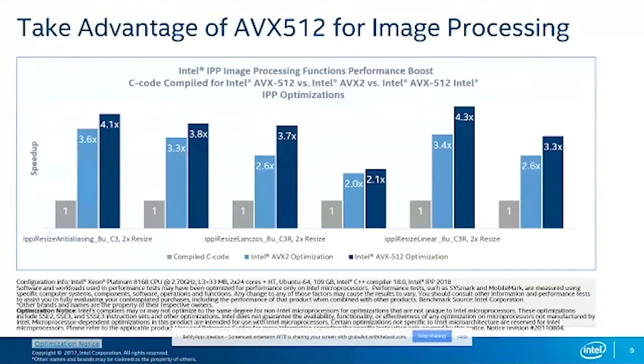And here I just show you some performance data that we can get from this library. Why are we offering such libraries? One of the major considerations is that we want to provide very good performance, and you can take advantage of the latest instructions from the CPUs. Here we list a few very typical image processing and image resize functions.